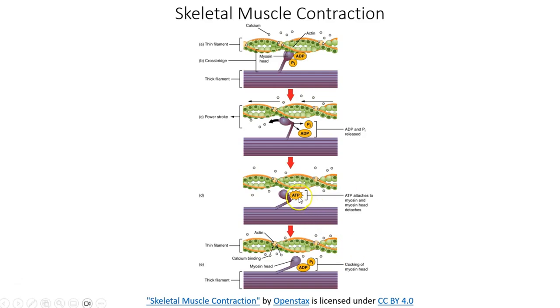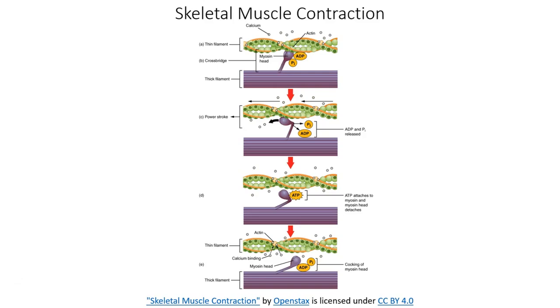And then we have that ATP coming in, being signaled to come in and attach to the myosin heads through various signaling pathways that the cell is sending out saying, hey, we need to keep contracting, we need this ATP to come in, and that's going to allow that myosin head to detach from the actin binding site, and then that is going to reset that myosin head, breaking off that phosphate molecule, transforming that ATP back into ADP, and then it is going to come back and rebind to those actin binding sites and pull those actin filaments another roughly 10 nanometers.